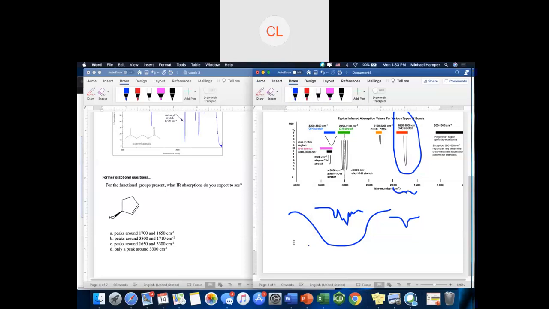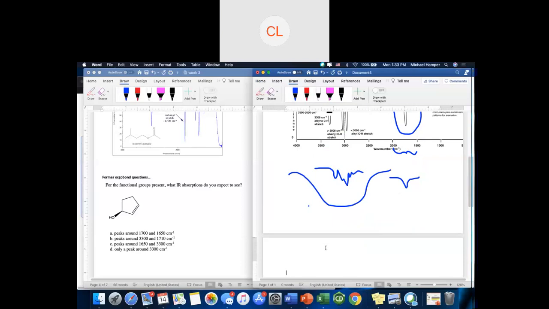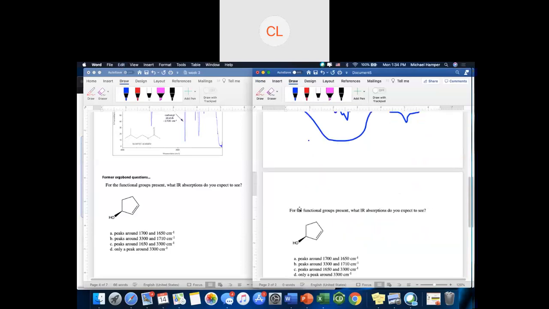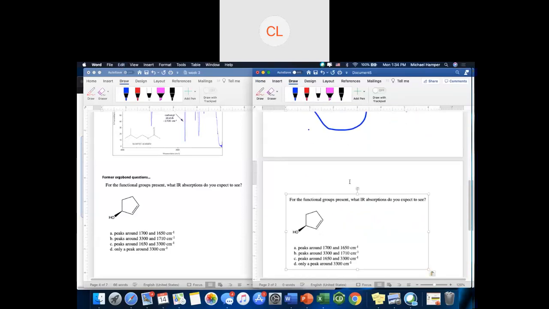I feel like B and C are really similar because they're supposed to be the double bond peak, right? That double bond region, isn't that near 1650 as well as near 1710? Yeah, because D says only a peak, so it has to be B, right?